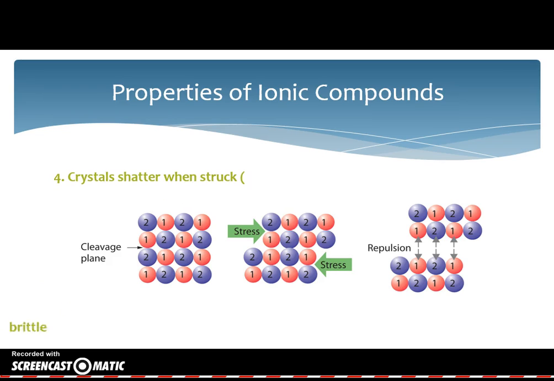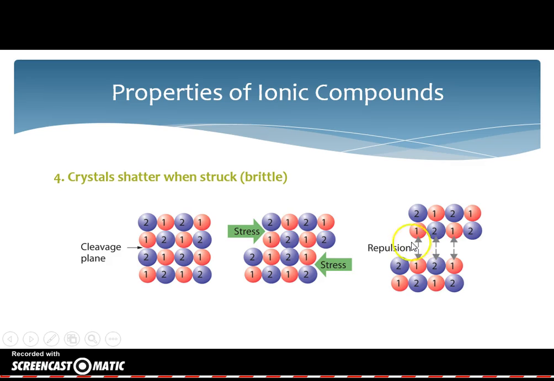And the last one, these crystals are brittle. So when you strike them, if I cause stress on one of these, look what happens to the ions. They were perfectly arranged, but then I have two positives and two negatives lined up. Now they repel each other instead of being attracted.